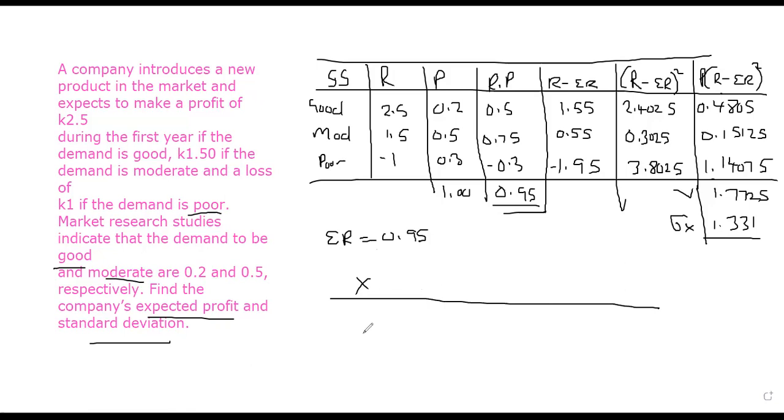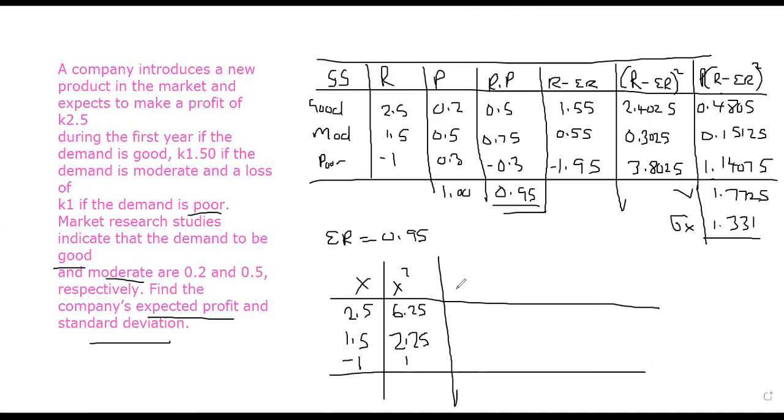If you're comfortable with it, the values of x are 2.5, 1.5, negative 1. And you can square the values of x here. 2.5 squared is 6.25, 1.5 squared is 2.25, and 1 squared is 1.